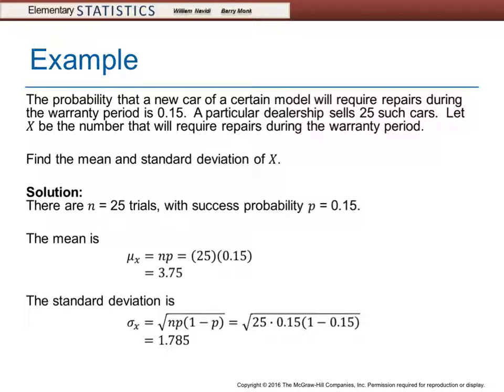Find the mean and standard deviation of X. Well, there are n equals 25 trials with p equal to 15%. So the mean number of cars we would expect to require repairs during the warranty period is 3.75. And the standard deviation is 1.785.